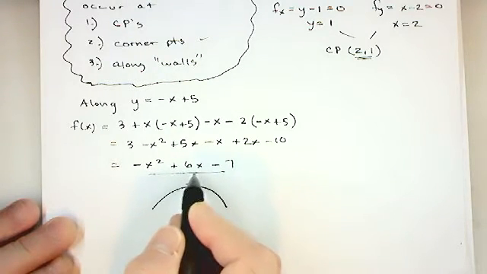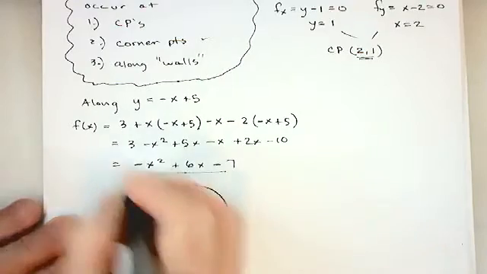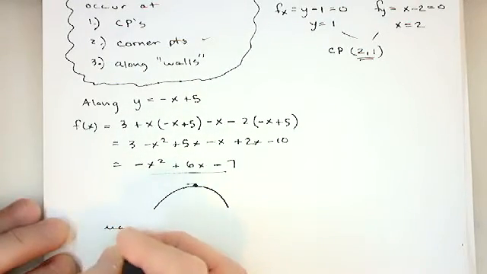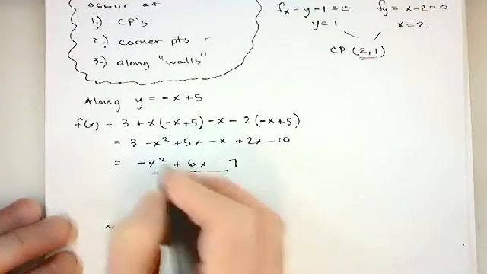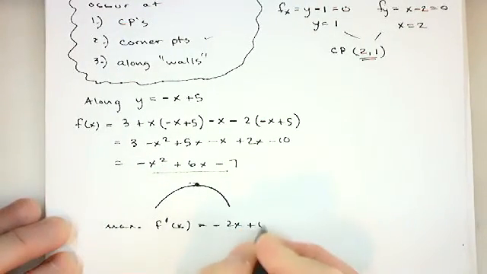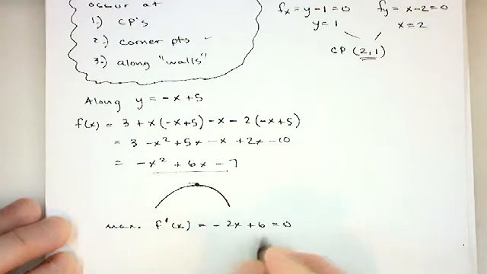We can use our old vertex formulas, or we can go 21A style, right? There's a maximum when the derivative, which is negative 2x plus 6 equals 0, and that gives me x equals 3.